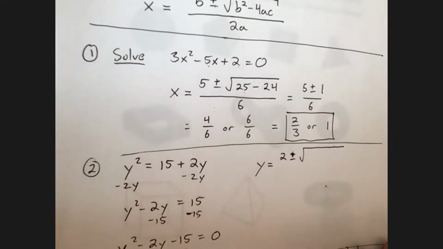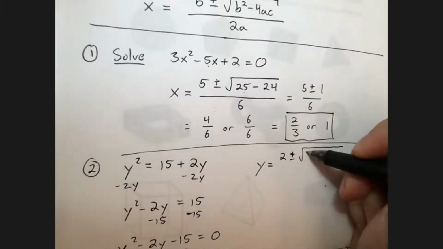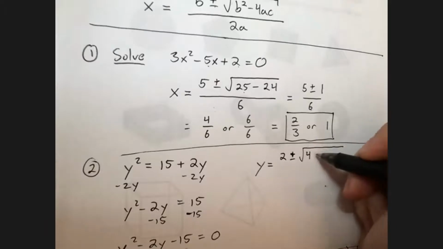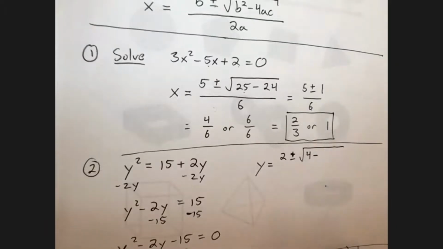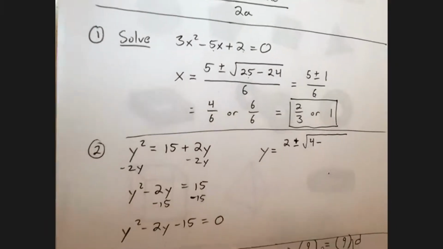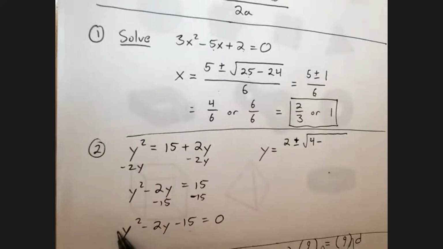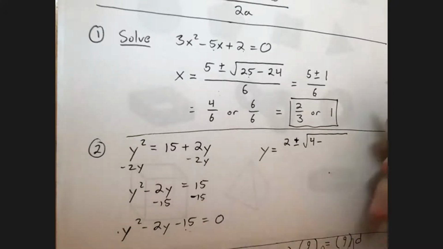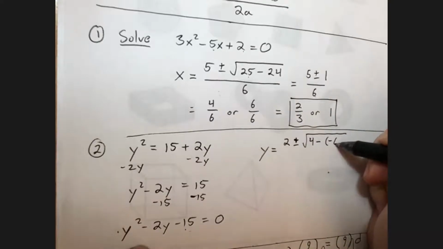So b squared is the negative 2 squared, so that's 4, minus 4 times a times c. So it's going to be 4 times 1 times negative 15. 4 times 1 is 4, and 4 times negative 15 is negative 60.